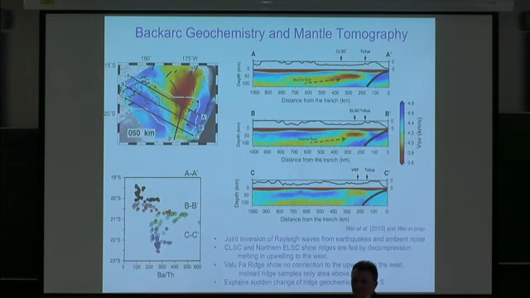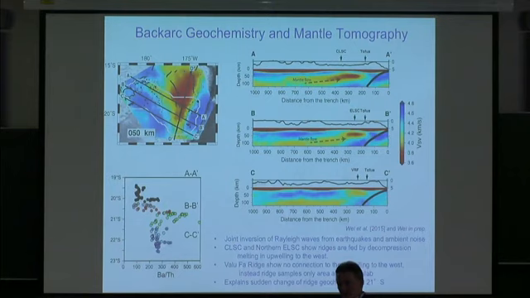Mark? Yeah. So in this area, do you also have any constraints on the total melt production? I mean, there are predictions about that as well. If it's hotter, heat and water are your right ingredients, but do you see variations in crustal thickness? Yeah, there isn't much variation in crustal thickness, but there is substantial variation in spreading rate.